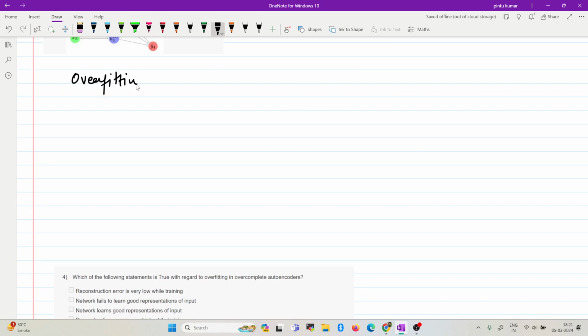Anybody who has done the machine learning course would definitely know this, but I'll revise it briefly. Whenever we train on some training data, if you choose a complex model, what happens is your model memorizes the data.